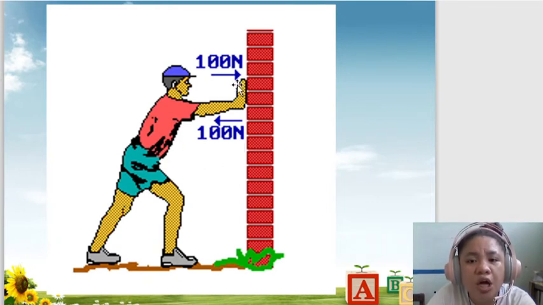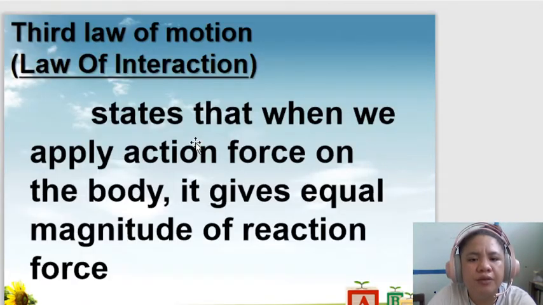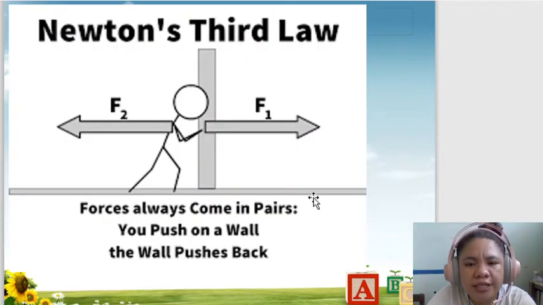So the wall will also give 100 newtons. Therefore, leaning against the wall is an example of Sir Isaac Newton's third law. The wall is exerting the same force back on the person, and the person and the wall don't move because they have balanced forces. Again, forces always come in pairs.